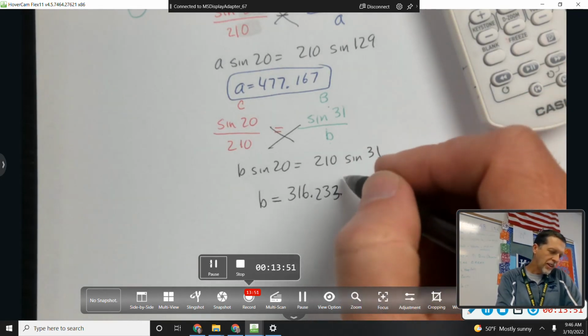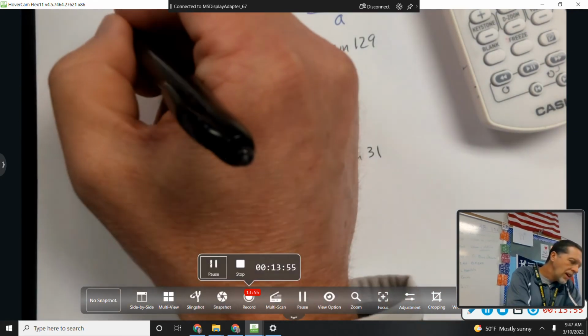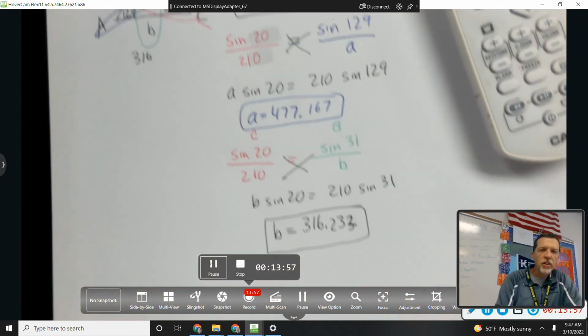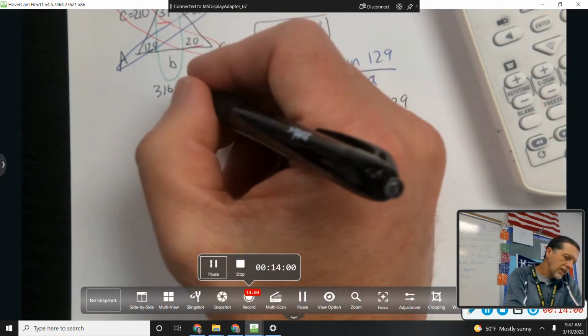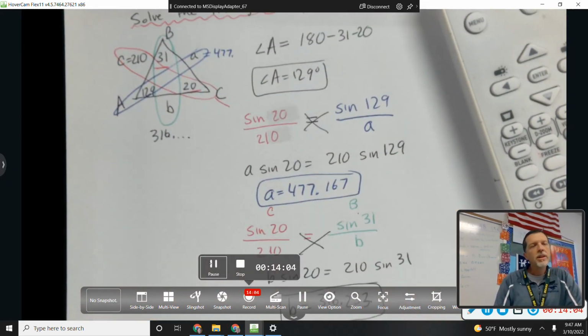Go to the calculator. There's my missing side. I don't have to put it on the picture, but if it helps you keep track of what you know and what you don't know, then maybe it's a good idea.